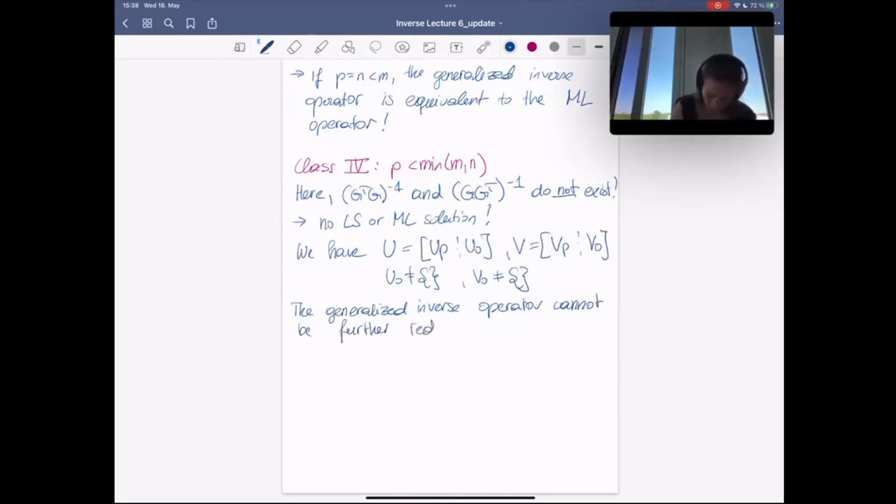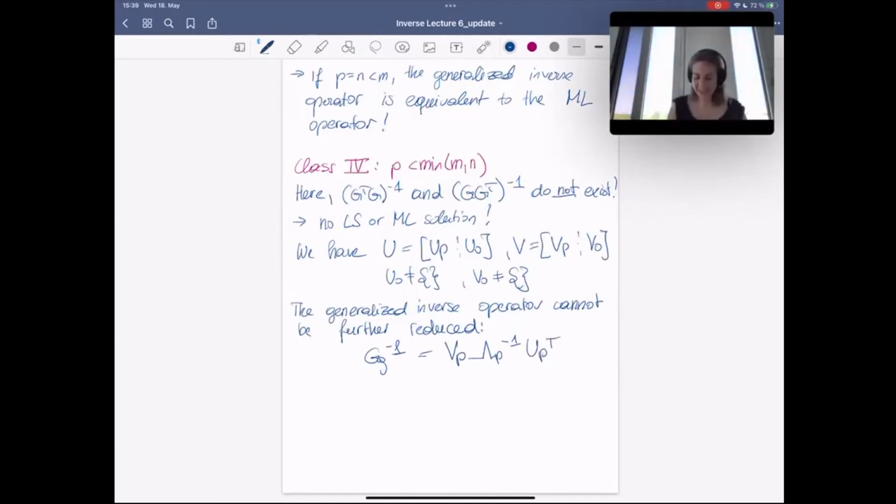So the solution is that the generalized inverse operator is defined as VP lambda P to the power of -1 UP transpose.